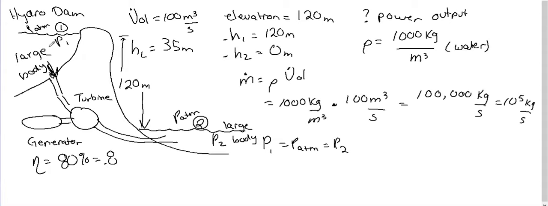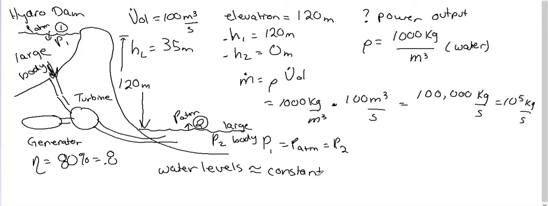So the velocity of this water going down and the velocity of this water going up are negligible compared to the size of the actual body of water itself. So the water levels do not significantly change. So water levels, they're approximately constant.